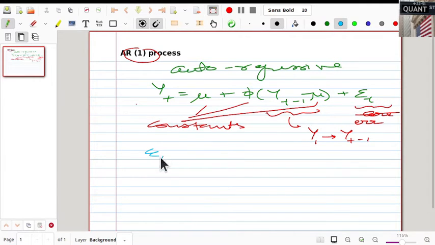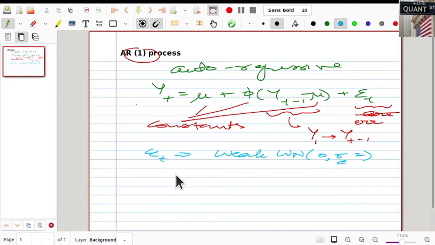So epsilon t is weak white noise with a mean of 0 and a variance of sigma epsilon square, and it represents new information.